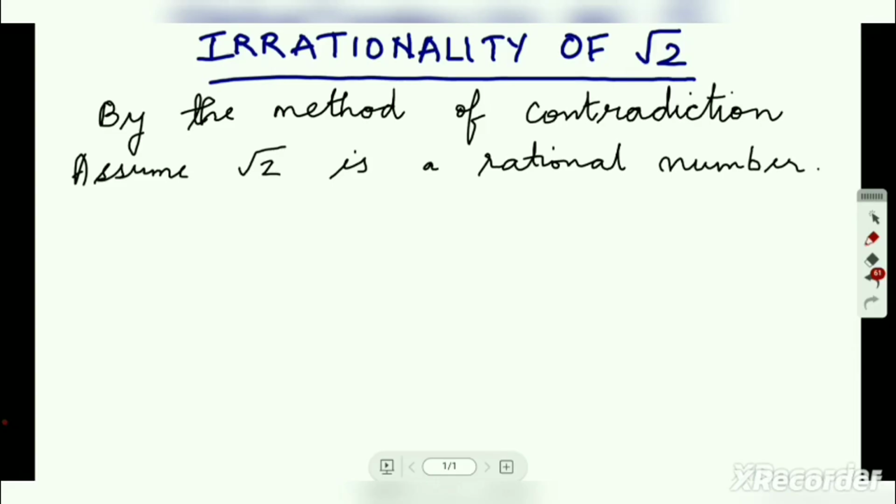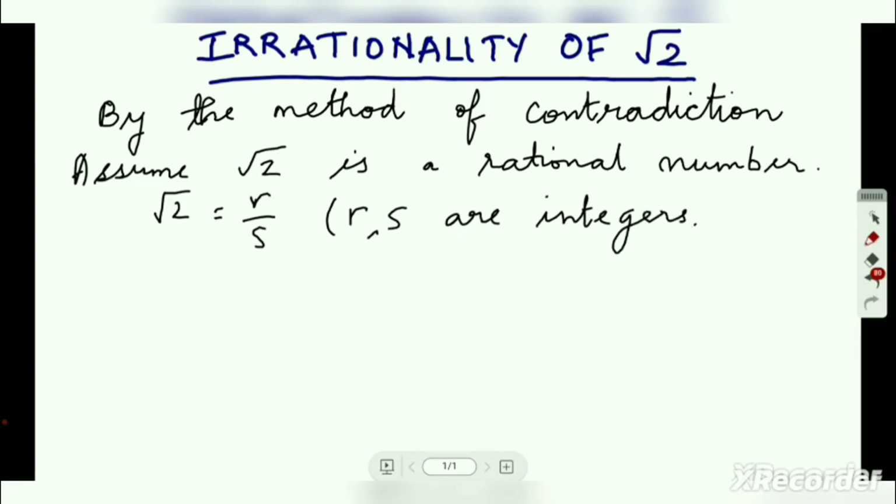We already know by the definition of a rational number that any rational number can be expressed in the form r by s, where r and s are integers and the denominator s is not equal to 0.